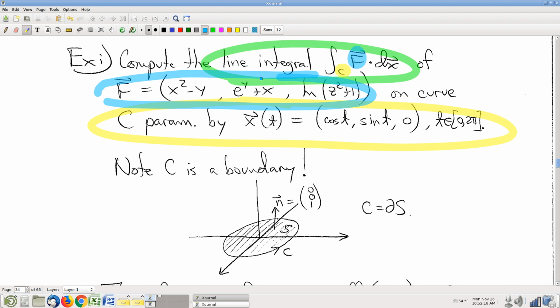This is primed, ready for plug and chug, right? Take that x, compute x prime, rewrite the integral as integral of F dot x prime dt, do the pullback, etc. And you could do that. That would work. It wouldn't be pretty.